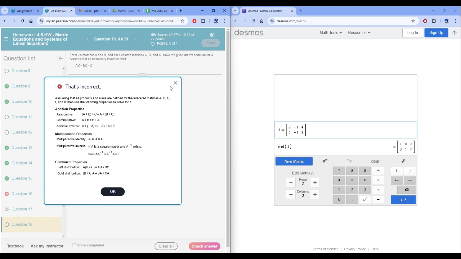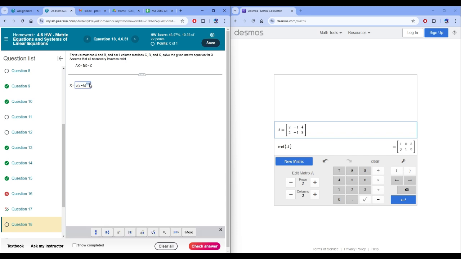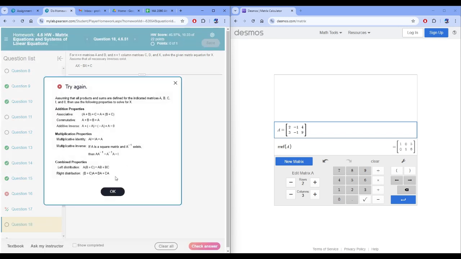Left distribution and right distribution. I don't know what this one would be, because you factor out the x and you're left with a minus b, but then you can't do the x inverse. Assume that all necessary matrices are invertible. I don't know what the answer is. Let me just see it. I just want to see it.